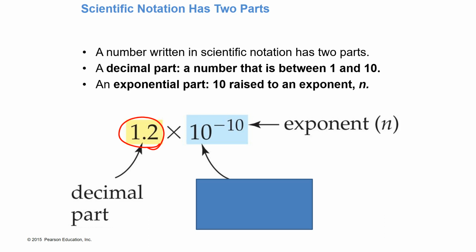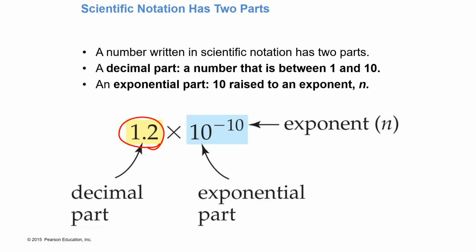In this case, we have 10 to the negative 10. So when I look at this, the things that are really telling me information about this number, obviously the decimal part is the number that I'm dealing with. And then this part, I'm going to look at this exponent.